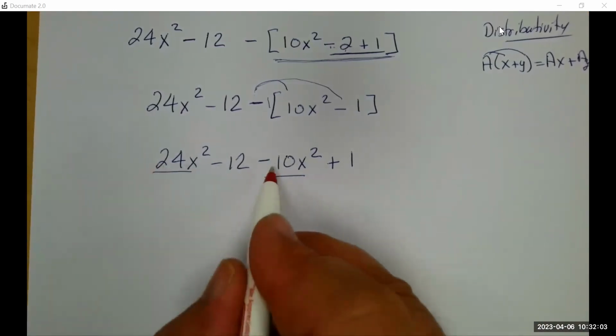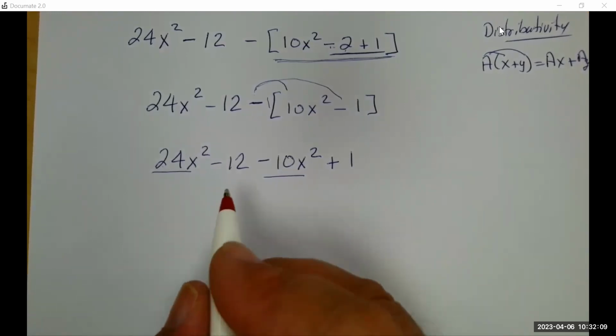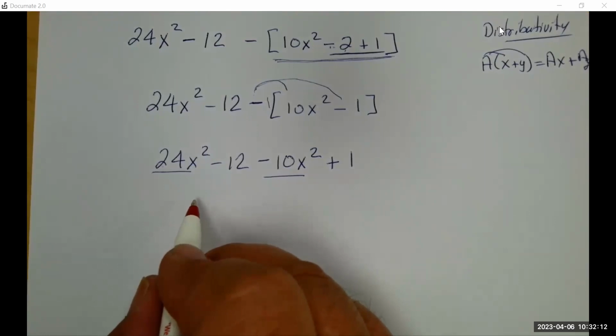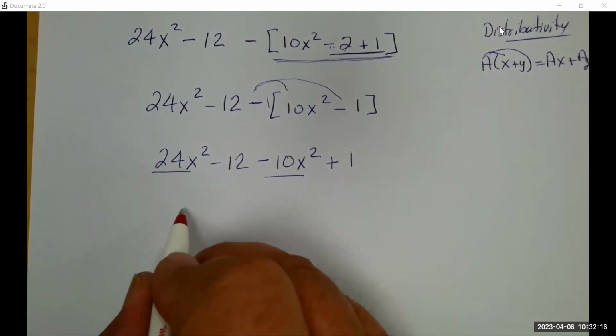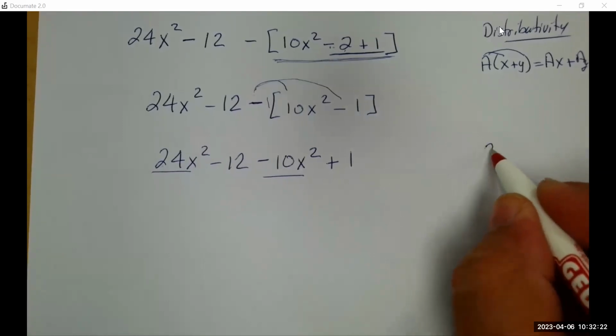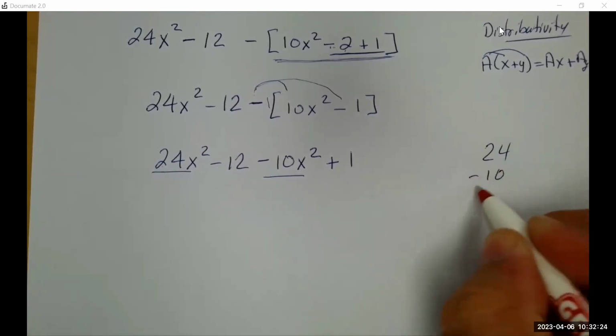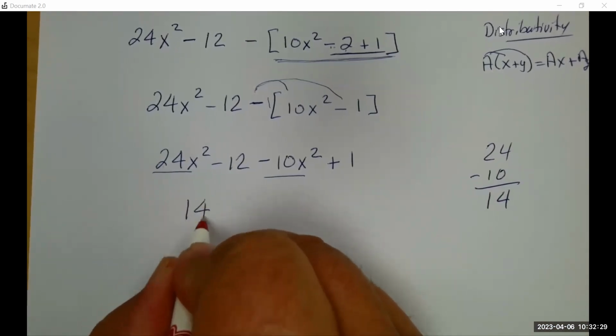Exactly. So 24 minus 10 is? Positive because... right. So it's positive what? 24 minus 10 will be a positive 14x squared.